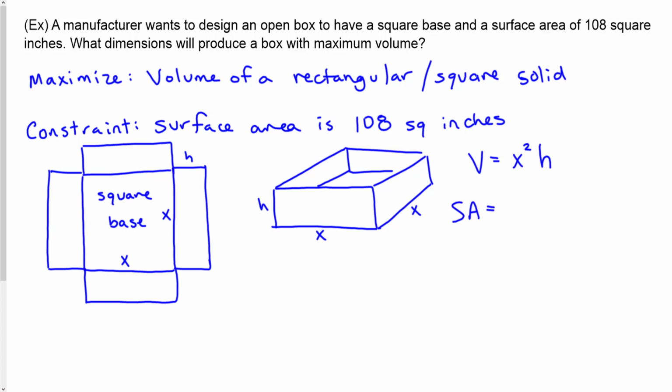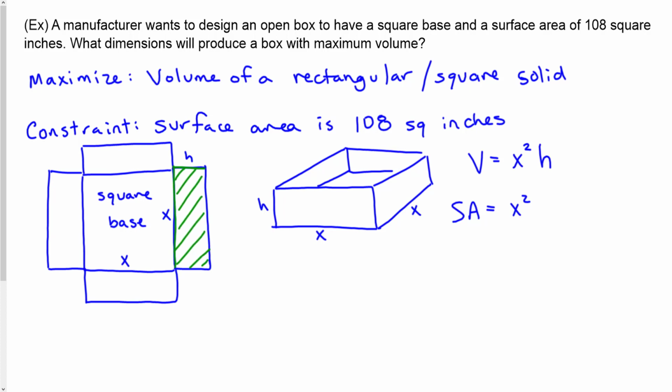So the amount of surface area on the bottom of the box would just be x times x, which is x squared. The surface area for each of those sides. So one dimension of these sides is h, the other dimension is x. So the amount of area in that side is x times h.